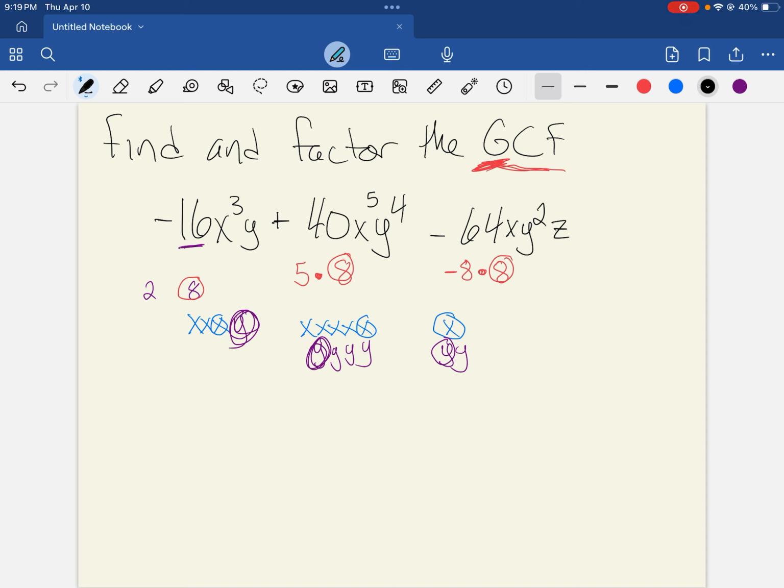So what do all of my terms have in common? They all have an 8. They all have 1x, and they all have 1y. I needed that z. Now, this is me listing my GCF. This thing right here is my GCF.